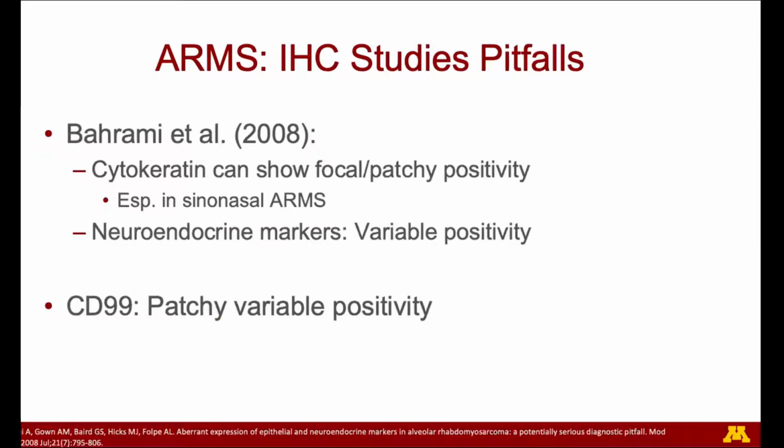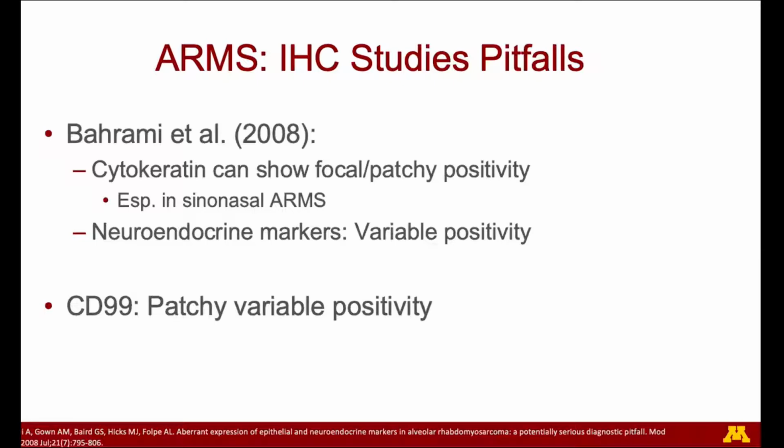Immunohistochemical studies can be challenging with some serious diagnostic pitfalls. Dr. Bahrami et al. evaluated 44 alveolar rhabdomyosarcomas for epithelial and neuroendocrine markers, and they found that these markers can show aberrant expression in some alveolar rhabdomyosarcomas.